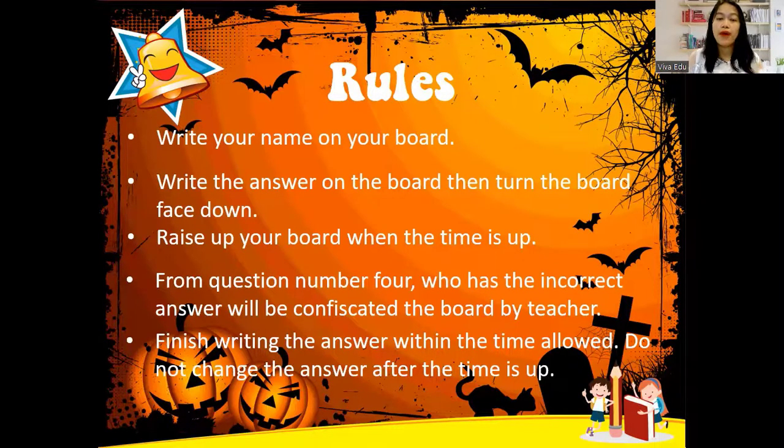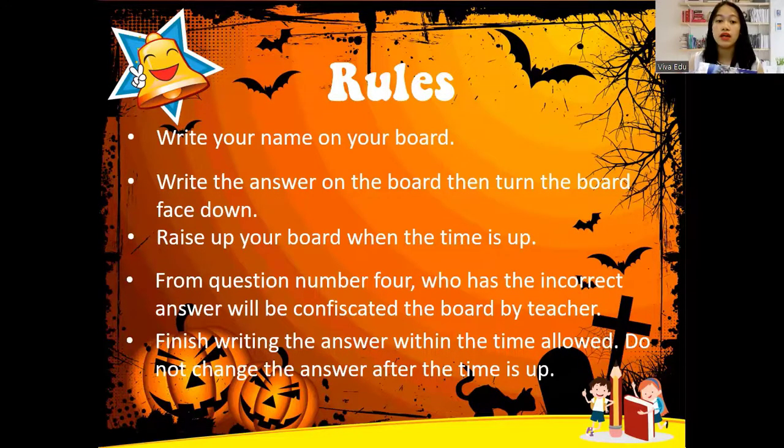And then when the time is up, they have to raise up the answer above their head, using the board, raising the answer up above the head. Okay, then you check the answer and give out the answer.